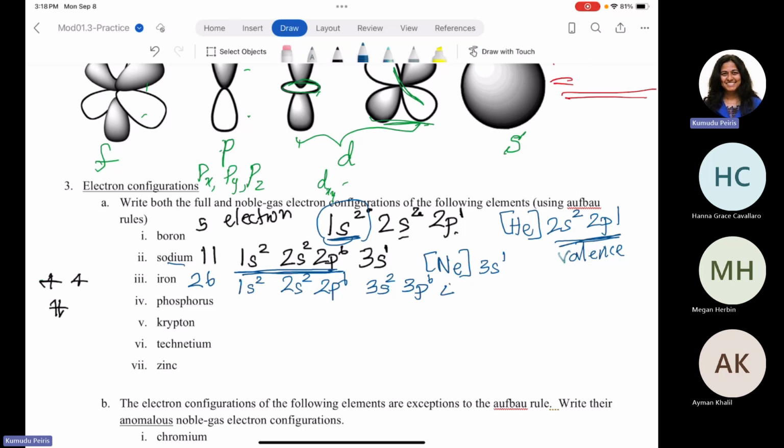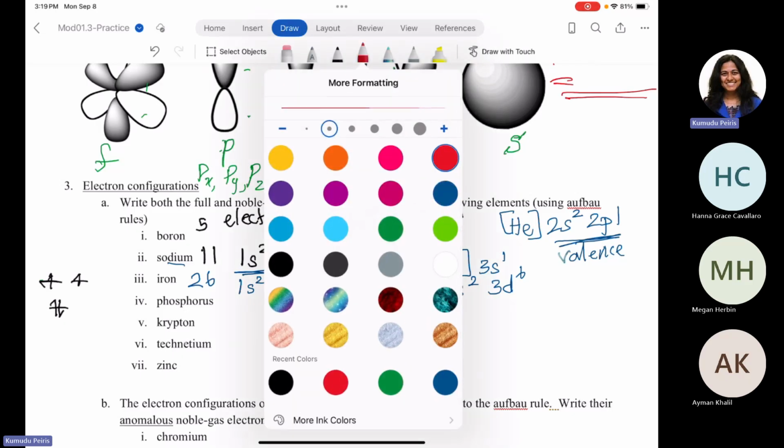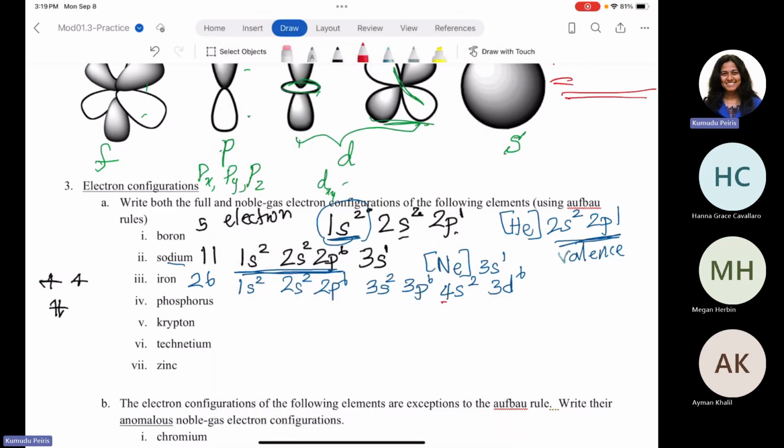Let me see. I'll write 4s2 first and 3d6. So the 4s2 3d6 is the valence shell. This is the valence shell, and whatever is inside is the electron configuration for argon, and here we can write 4s2 3d6.